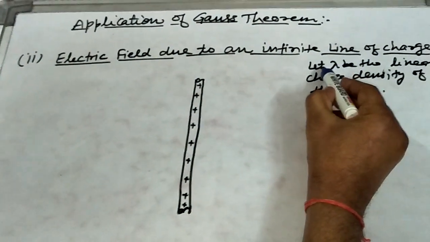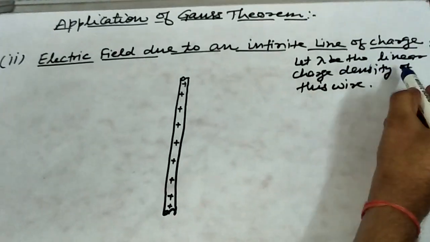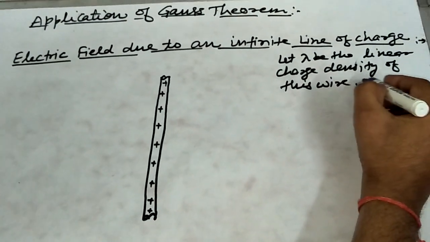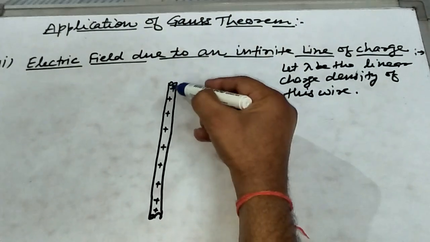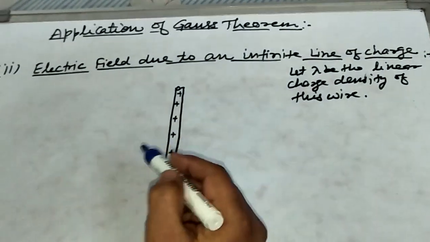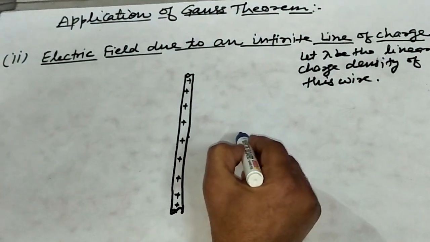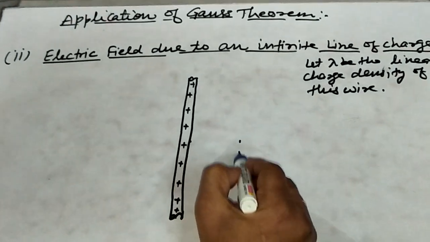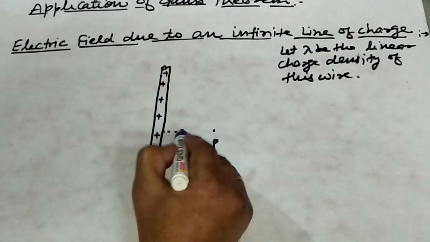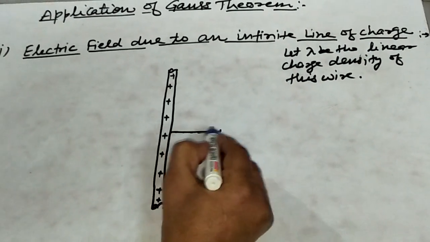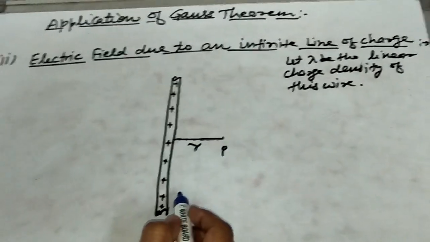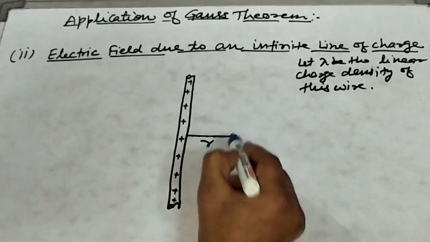What we have taken here, lambda be the linear charge density of this wire. It means here lambda is equal to Q by L. Let P be a point at distance r from it, where we want to find out the electric field.